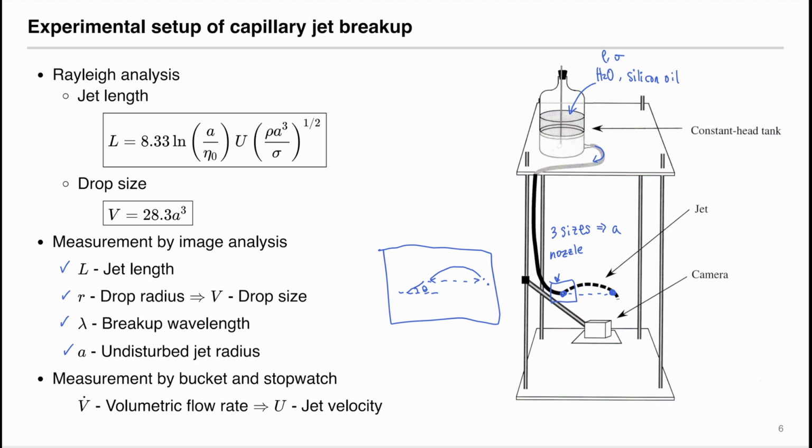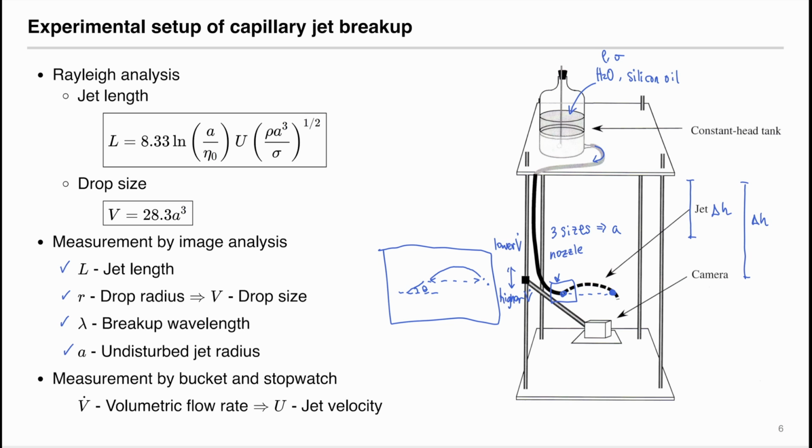Volumetric flow rate can be changed by moving the nozzle height up and down. So if we have a higher height, then the changing height is lower compared to if we have a lower height. If we have a lesser changing height, then we'll have a lower volumetric flow rate. If we have a higher changing height, then we have a higher volumetric flow rate.